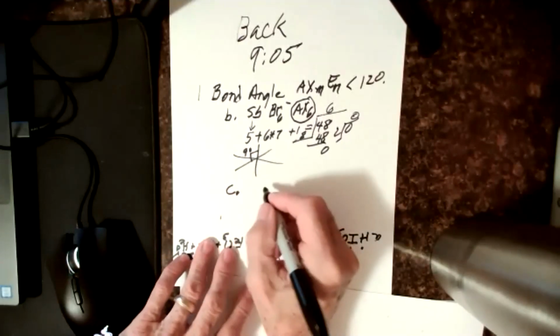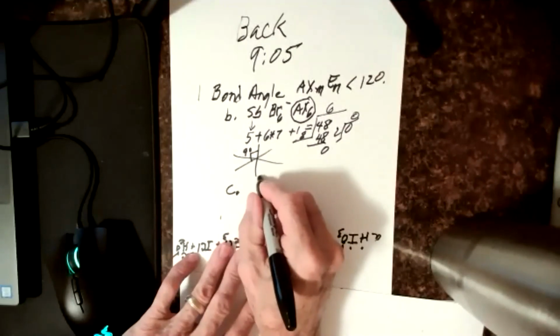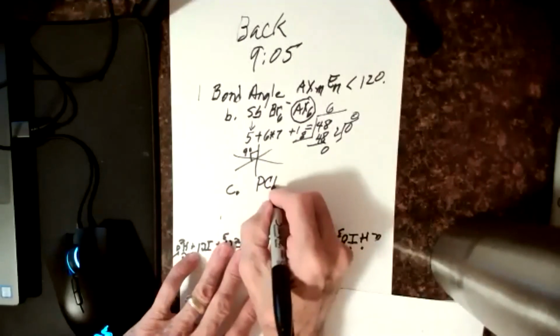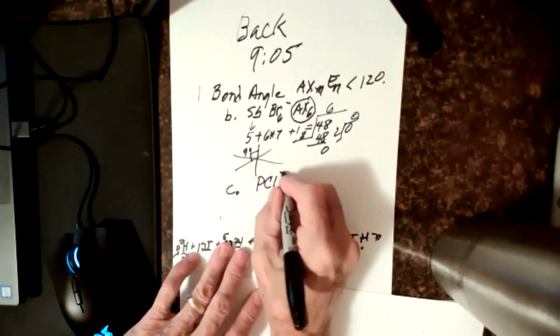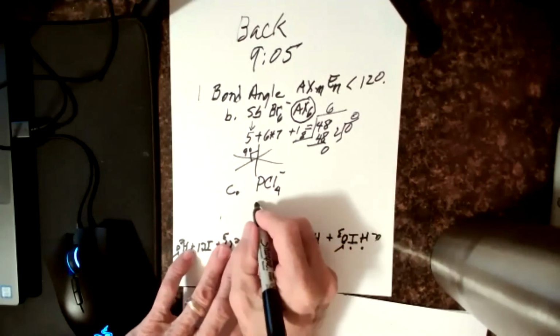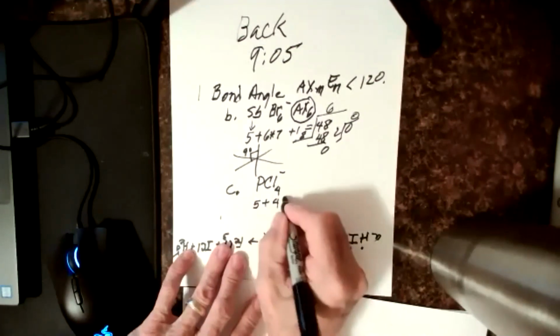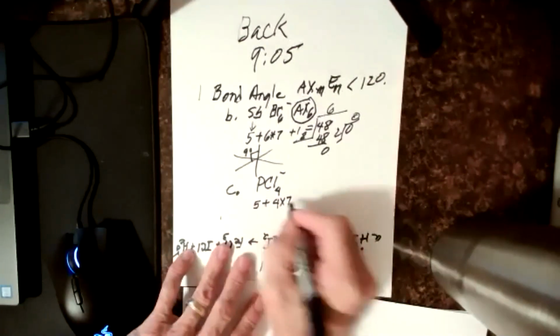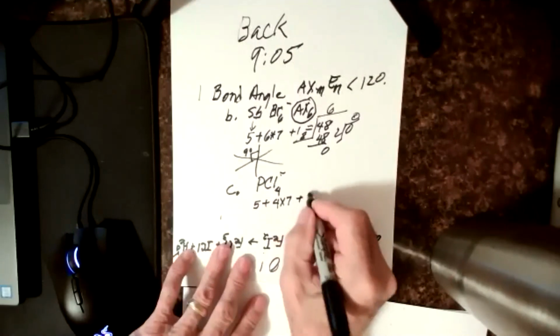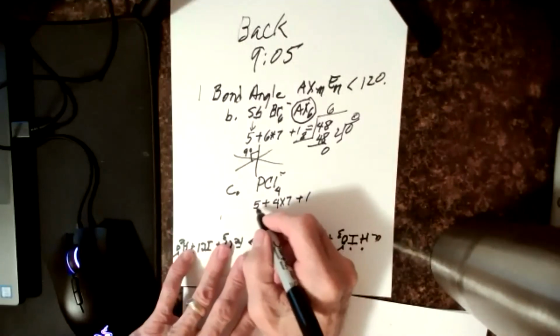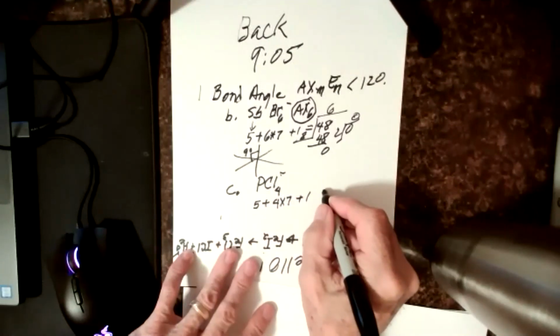Let's do C. That's supposed to be the correct answer. So I've got PCl4-. Phosphorus is also in group 5, so there are 5 valence electrons. We've got 4 chlorines. Chlorine's in group 7. And we add one more for the charge, 28, 29, 34. So this is 34.